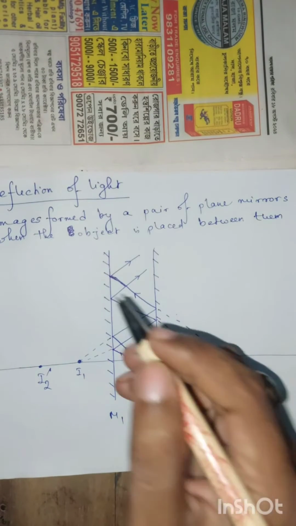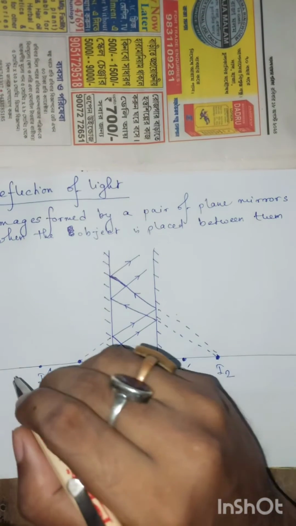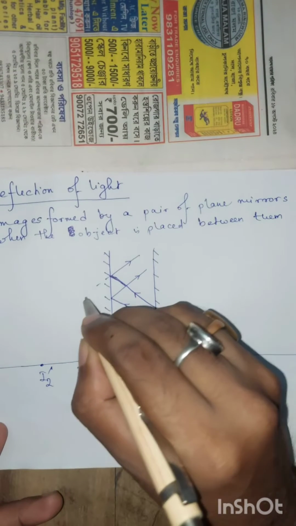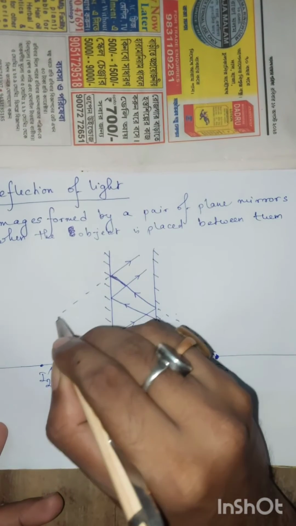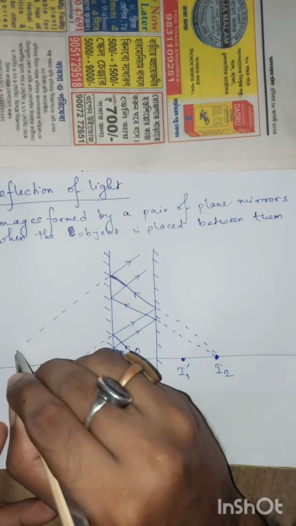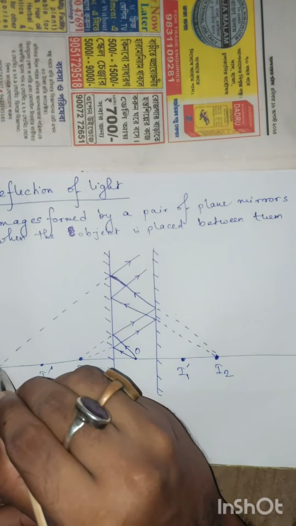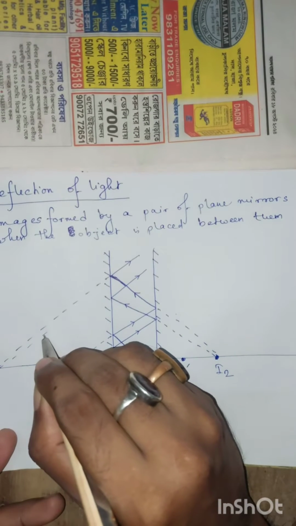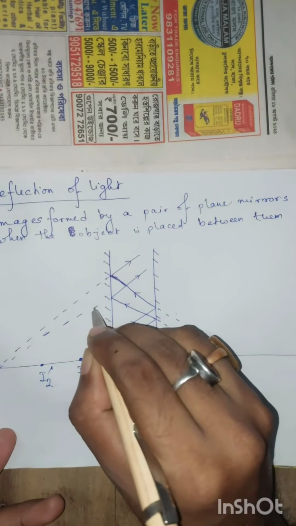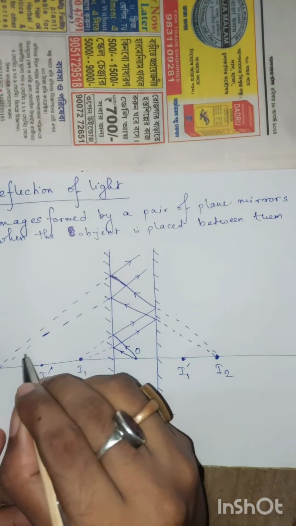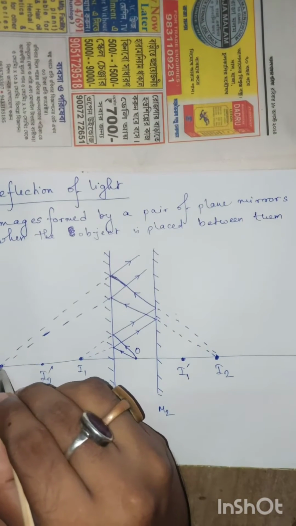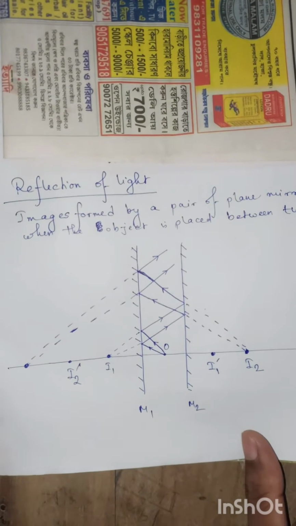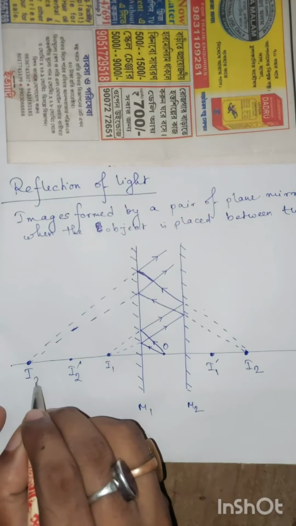Similarly, in the case of third reflection, if we drag it backwards, we are getting another image which is I3.